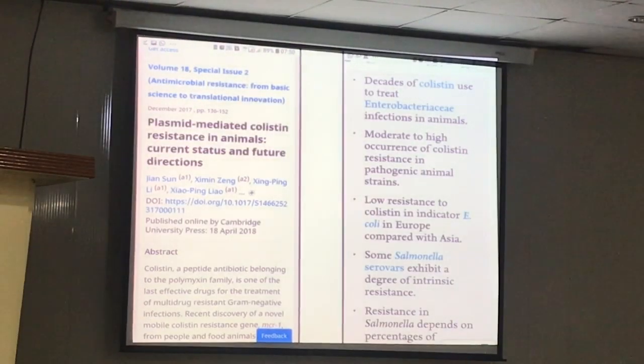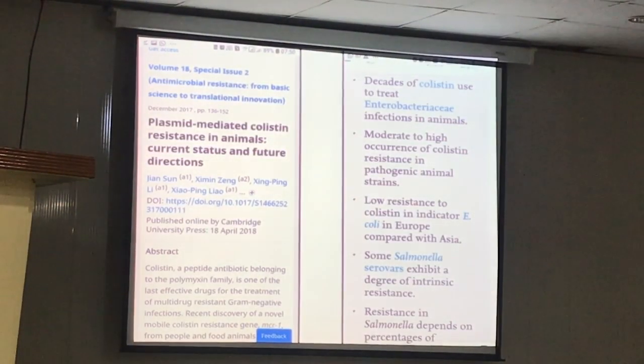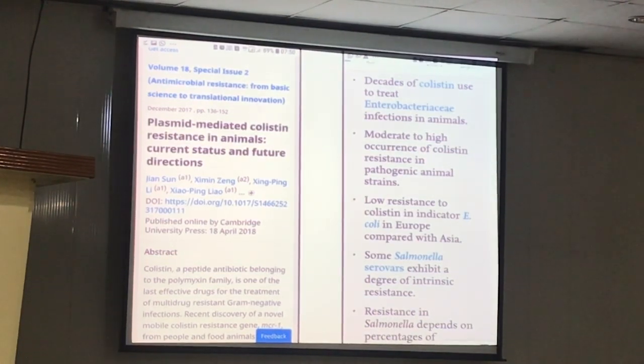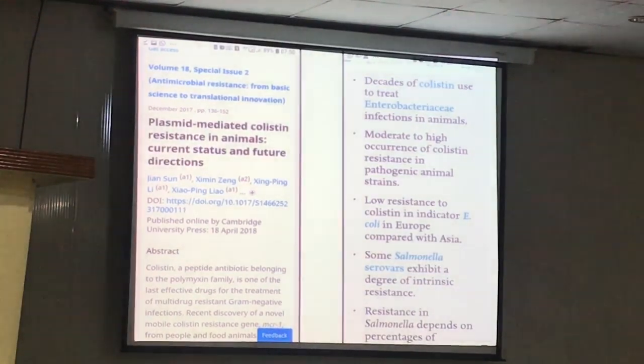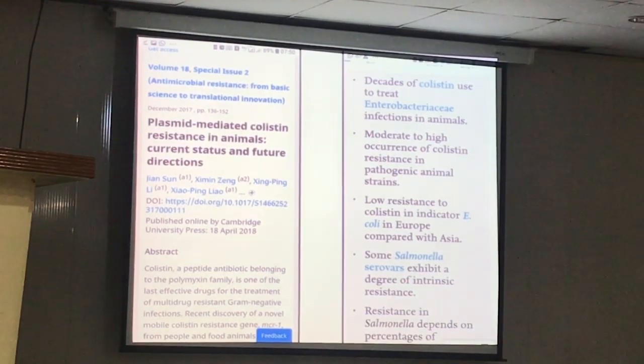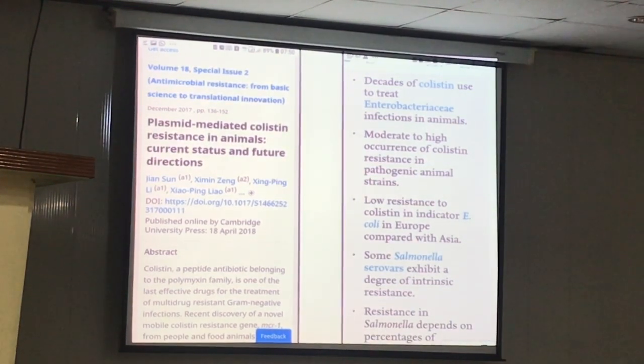So now what happens if antibiotics are used in that much amount? The problems are many. For example, take a drug like colistin. Colistin is an antibiotic which has become very, very important in the era of multi-drug resistant human infections.